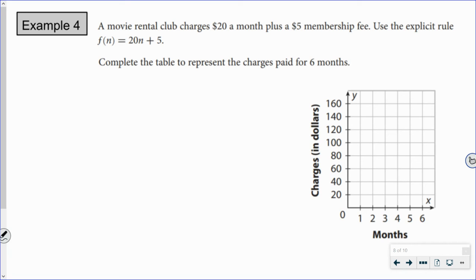So I need to create a table. I'm just going to do a T-chart, and I need to put in n and f of n. So here's the question. What are my values of n with the sequence? What are my input values? 1, yes, Shaylin got it right.